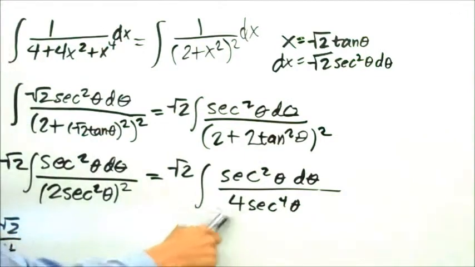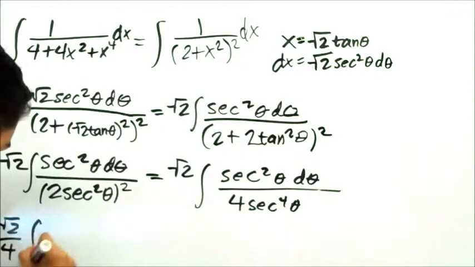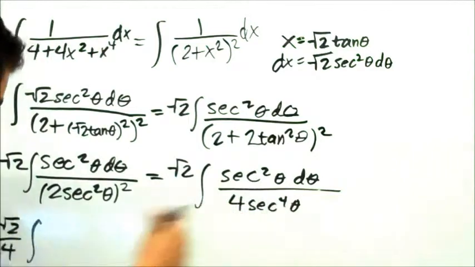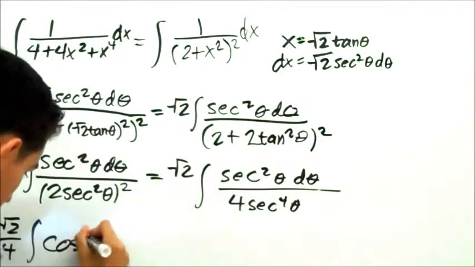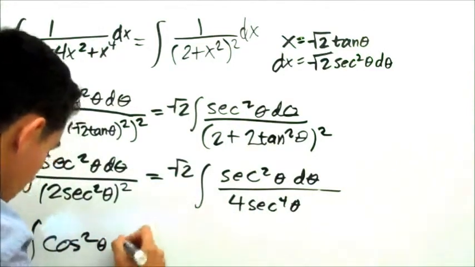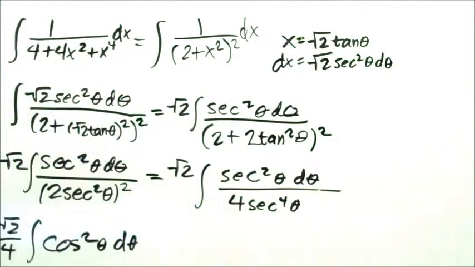So just pulling this 4 out in front, we're left with 1 over secant squared, or cosine squared theta d theta. And before we take the integral, we can use our power reduction formula to reduce this.